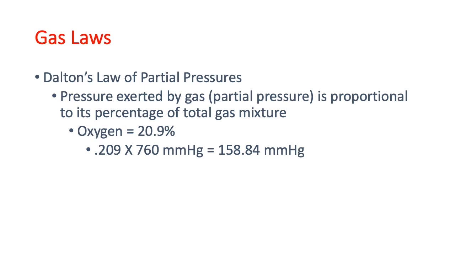When you do the math, what you come up with is 158.84 millimeters of mercury, and that is oxygen's partial pressure. You won't have to do the math itself, but if I give you an example of the numbers, you should be able to tell me whether this is correct or not.